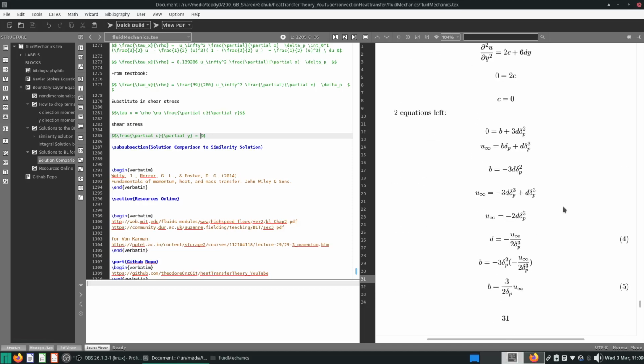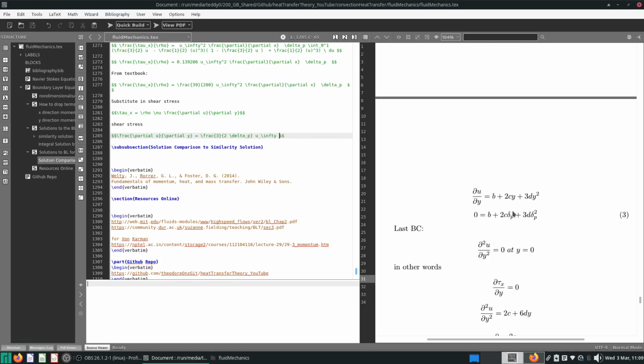Okay, so let's have a b. B is 3/2 delta p u infinity, and c is 0 conveniently. Okay, c is 0. D, that's 3d delta p square. So what's delta p square?